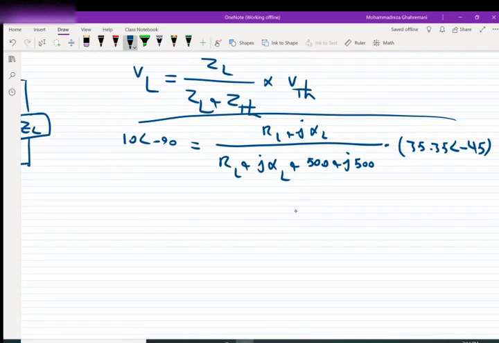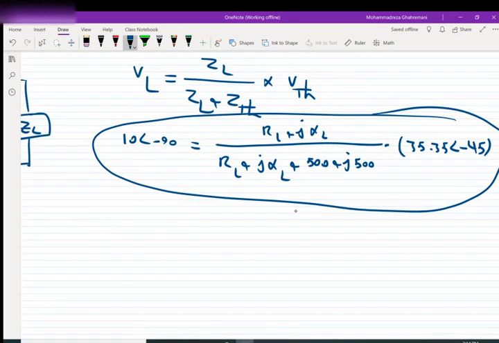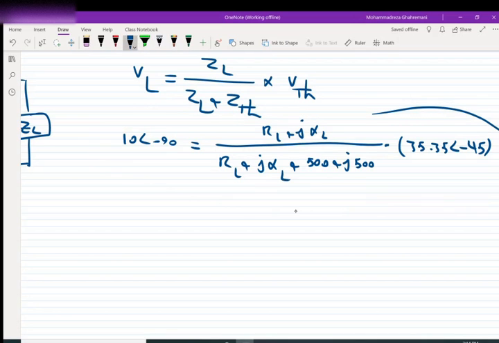We need to solve this equation in order to find RL and XL.